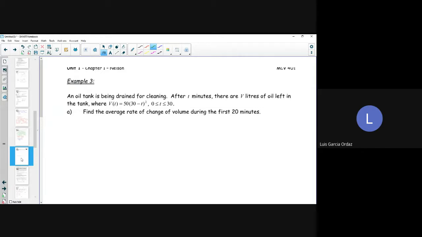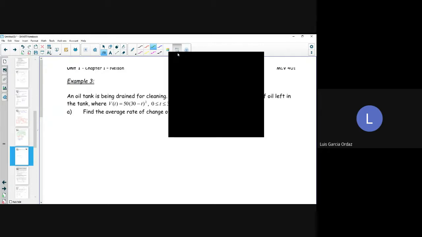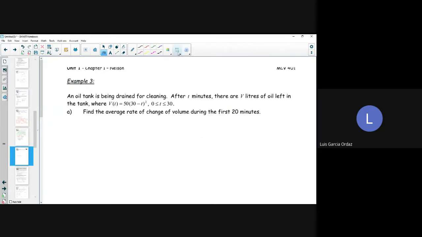So you have to find the ARC, average rate of change, or AROC, whatever you guys like calling it, is equal to what? So remember, that's the change of y over the change of x. So how am I going to find the average rate of change? What will my expression look like?